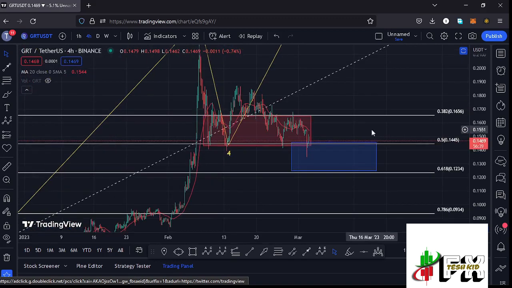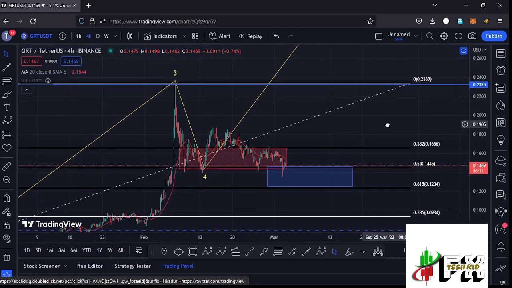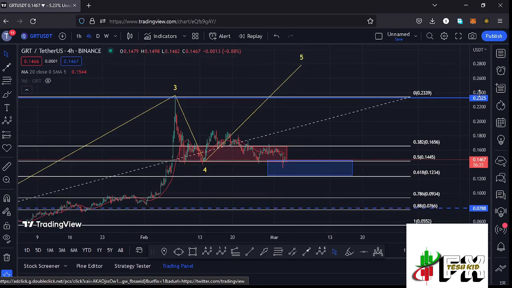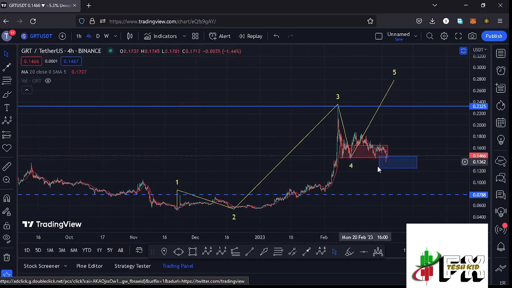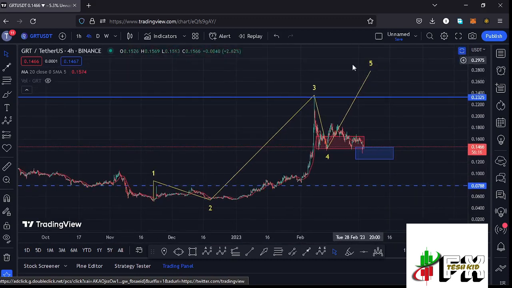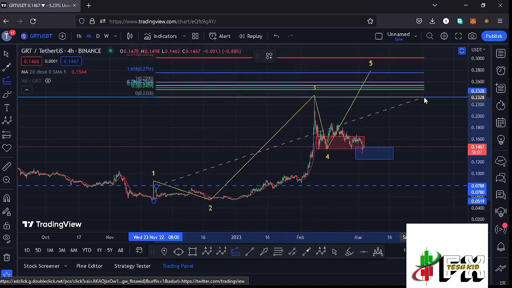And once we continue holding within this blue target area, then there are chances of seeing a massive recovery to the upper side, get above the 20-day MA, also manage to make a high above the high at around the $0.187 mark in what we could term as the formation of this higher Elliott wave count 5 that I'm expecting here on the long-term scenarios, and sketching out a minimum target area to the upper side in the formation of this wave 5 by connecting the trend-based Fibonacci from the low of the first wave to the high of that wave 1, then dragging the fibs to the high of that wave 3.